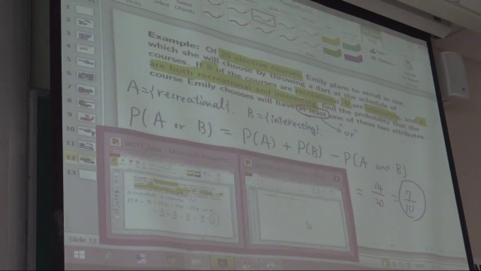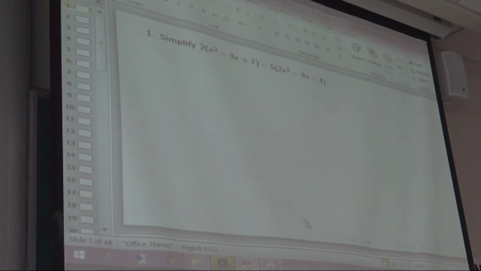Now let's move on to here. The sample exam. Exam 2 is very similar to the sample exam and the lecture notes. There are 40 questions, so we have to do this really quickly. The first one is we want to simplify the given equation.